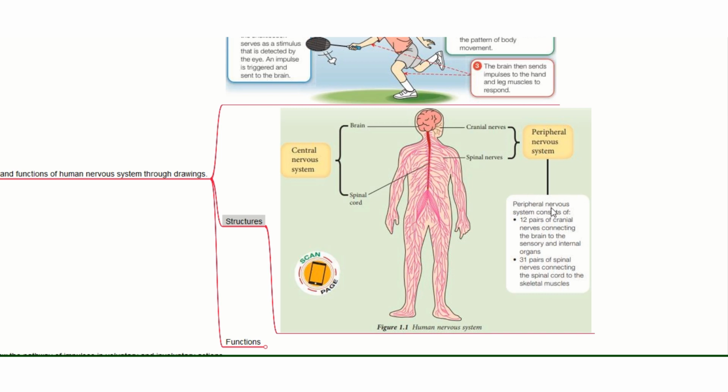There are 12 pairs of cranial nerves connecting the brain to the sensory and internal organs, and 31 pairs of spinal nerves connecting the spinal cord to the skeletal muscles.